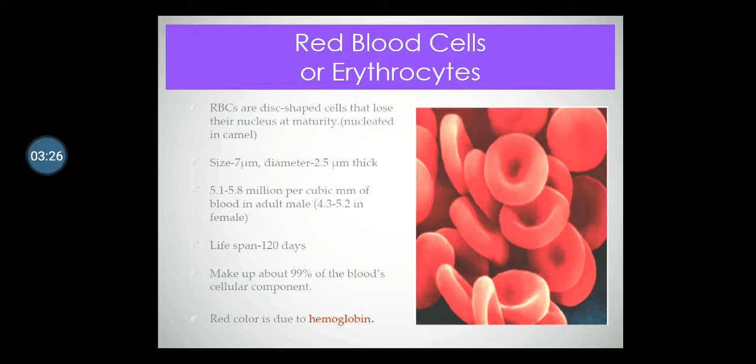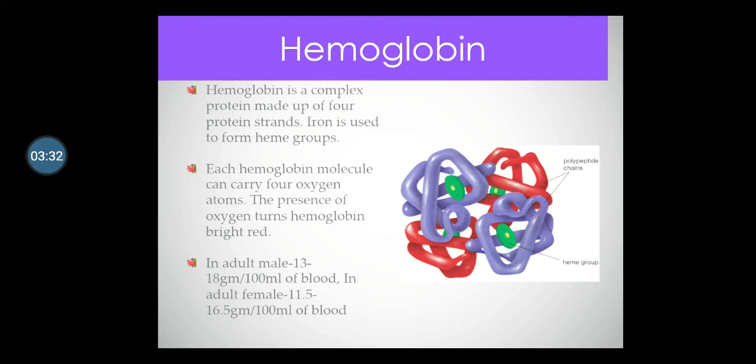The RBC shows a red color due to hemoglobin. Hemoglobin is a complex protein made up of 4 protein strands. Iron is used to form the heme group. Each hemoglobin molecule can carry 4 oxygen atoms.